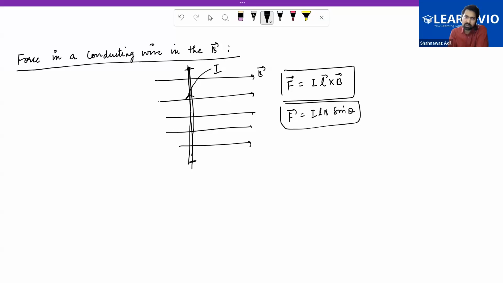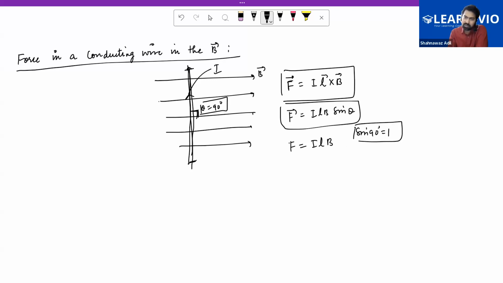For this case, let's say the wire is such that the angle between L and B is 90 degrees. So F would be simply I L B, since sin 90 is 1.